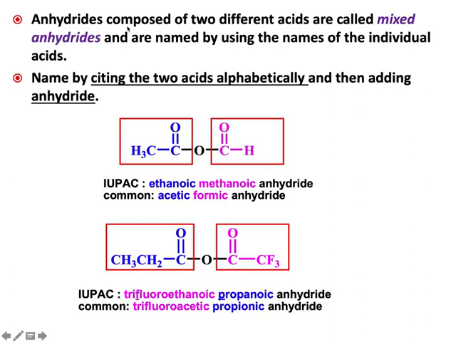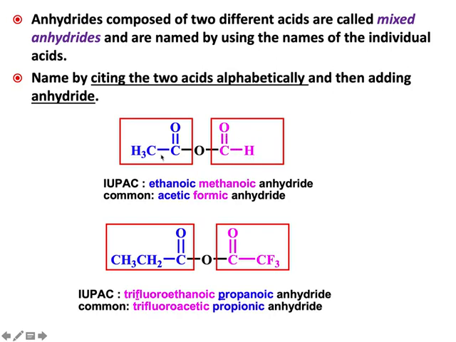If the anhydride is composed of two different acids, it is called a mixed anhydride. For example, for this one, we name it by citing the two acids alphabetically and then adding anhydride. Here is an acyl group attached to O and then bonded with C double bond OH.